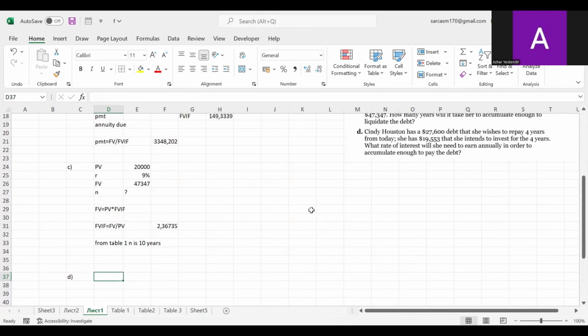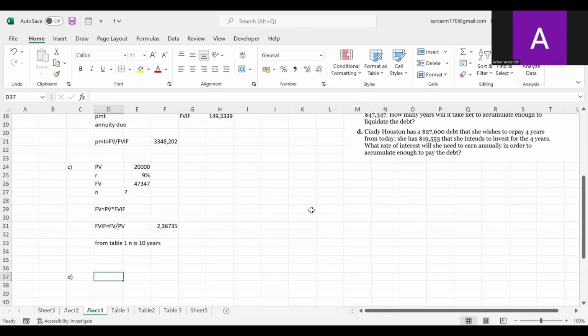Cindy Houston has a 27,600 debt that she wishes to repay 4 years from today. She has $19,553 that she intends to invest for the 4 years. What rate of interest will she need to earn annually in order to accumulate enough to pay the debt?